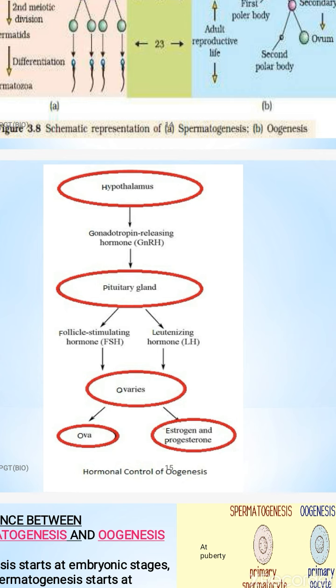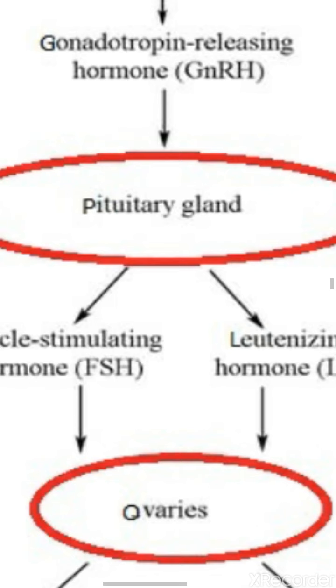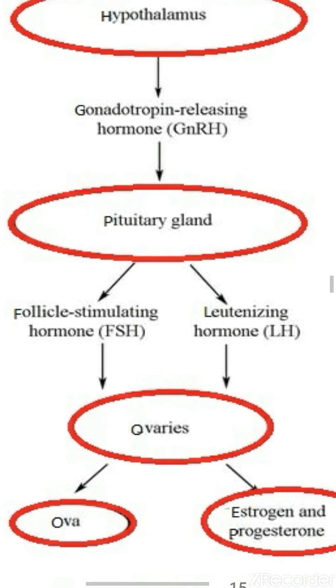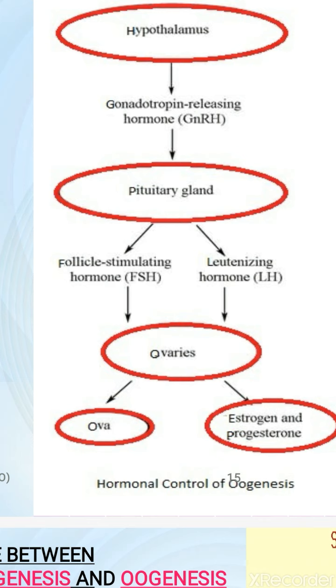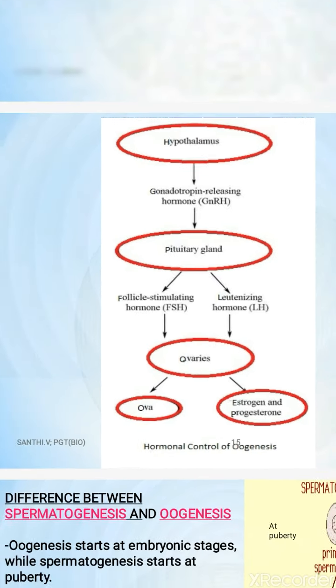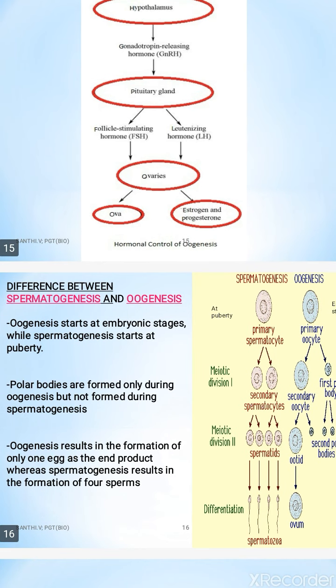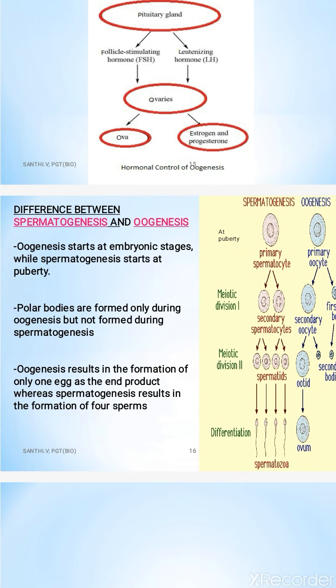It acts upon the pituitary gland, and the pituitary gland produces two hormones, follicle stimulating hormone and luteinizing hormone. Both of them act upon the ovary, and make the ovary produce ova and the hormones estrogen and progesterone.